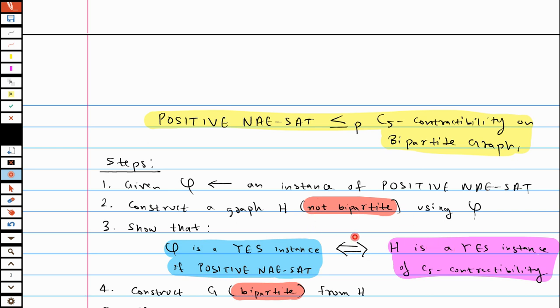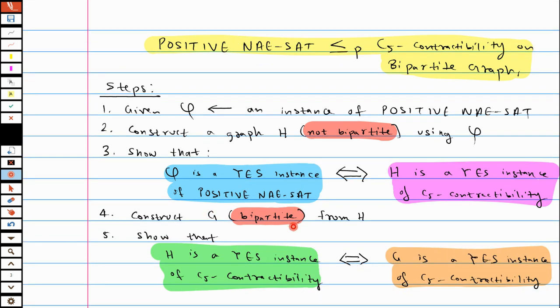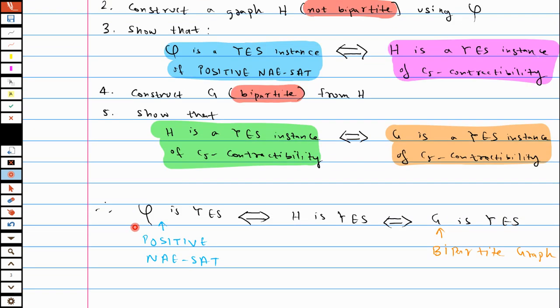But this will not achieve our goal because we want to prove it for bipartite graphs. So then we'll construct a G from this H, and we'll show that H is a yes instance if and only if G is a yes instance. We'll do this first, and then this later. This holds because of the transitivity of reduction.